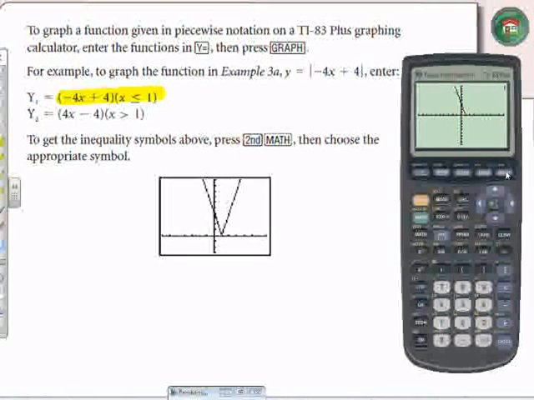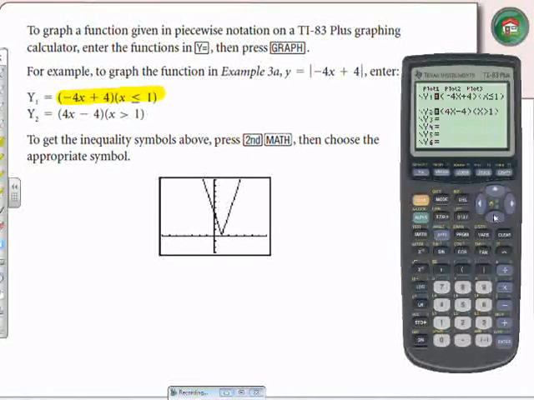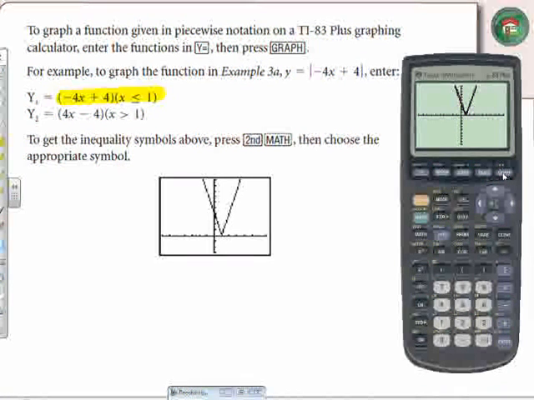And when we graph this one now, you'll see it'll graph the two different portions, which would be the same as saying the absolute value of negative 4x plus 4. And just so we can see it draw, I'm going to put it as a thick line. And you can see that it drew right over top of the other one.